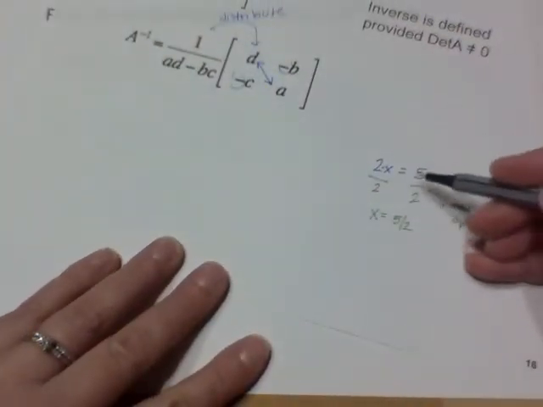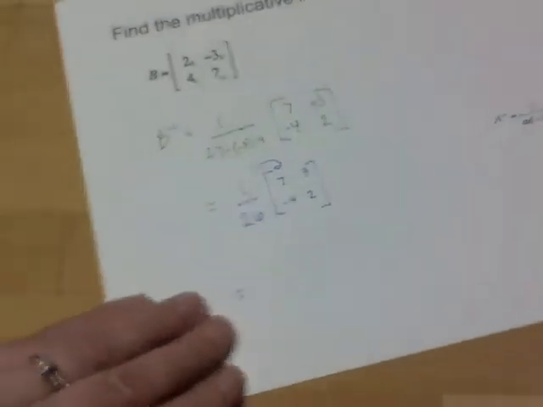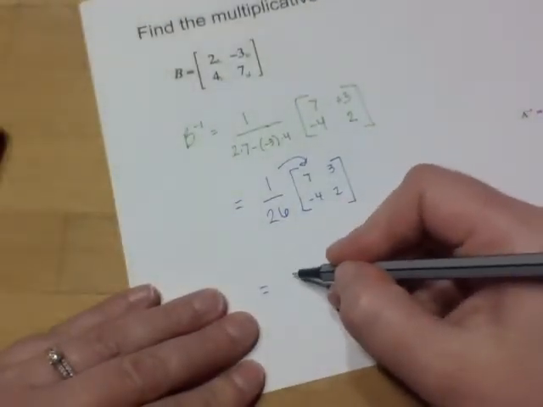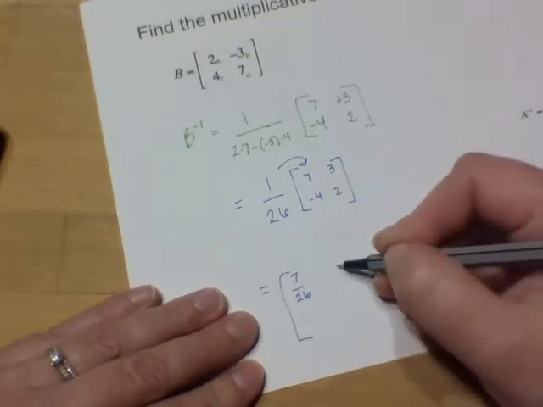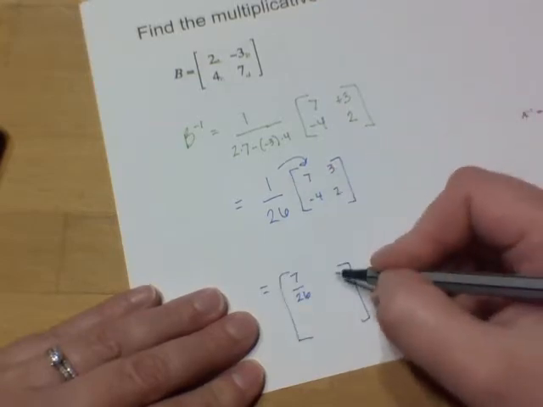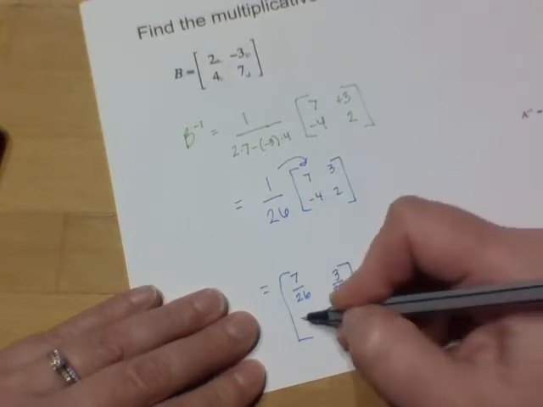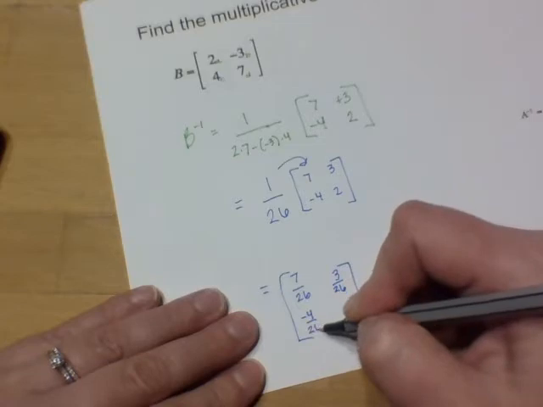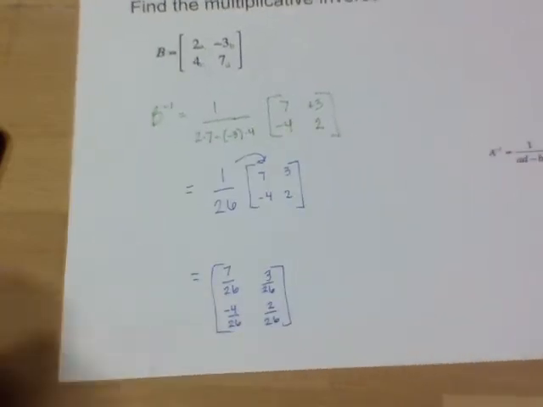It's not always pleasant. 5 halves, for instance, is not always going to be a nice whole number. So 7 over 26 is what's going to be in our top left. 3 over 26 goes in our top right. Negative 4 over 26 is going to be in the bottom left. And then 2 over 26 is in the bottom right.